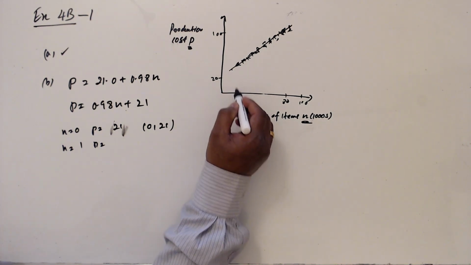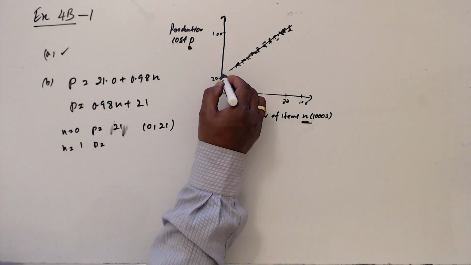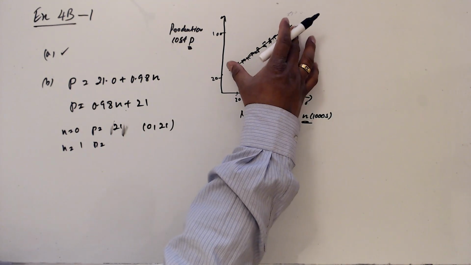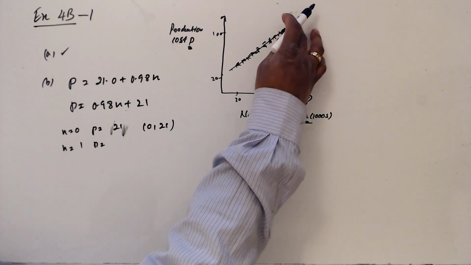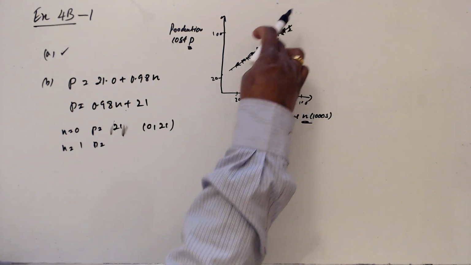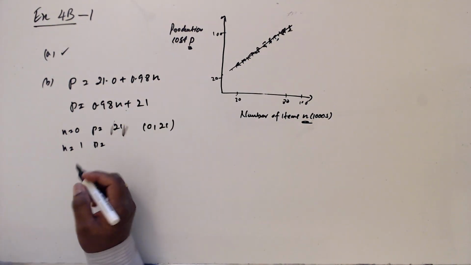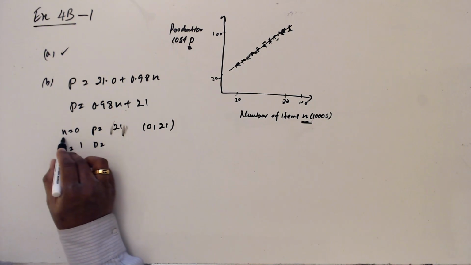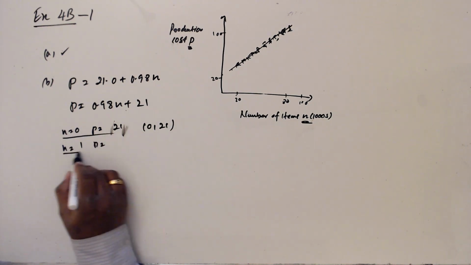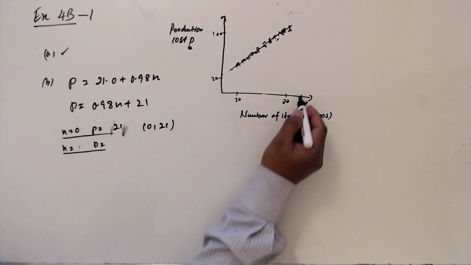N equals 0 is actually out of range, but you can mark that point, and you can mark the other point somewhere here. It doesn't matter, it is out of range, but you can draw the line in between the range.